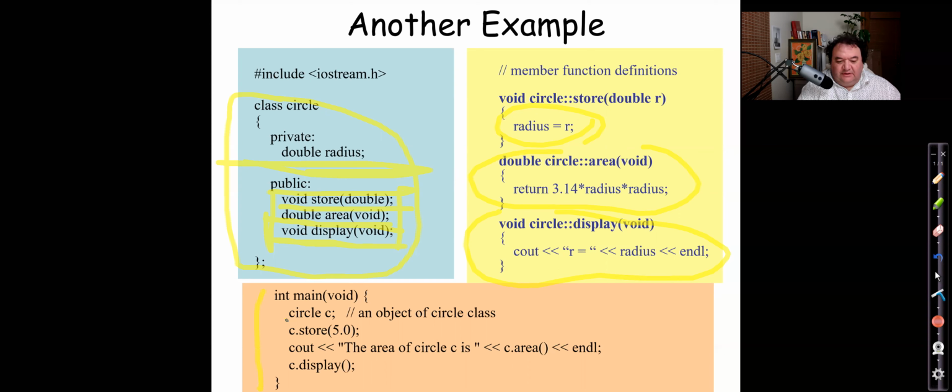We define a circle C, assign a radius of 5, and then print the area of the circle, and then print the value of the radius. So we have an interface, we have the private information, all the methods are declared, and then the practical use is through the API of the class.